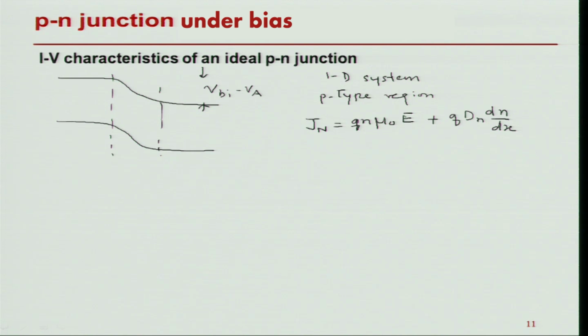Now, immediately we can see that some of these terms are not going to be significant, and first of that is the drift term, because we have already shown that in the bulk region there is hardly any field. Moreover, in this bulk region in the P type, the minority carrier concentration is also going to be small. So, effectively for the minority carrier this term is going to be very, very small.